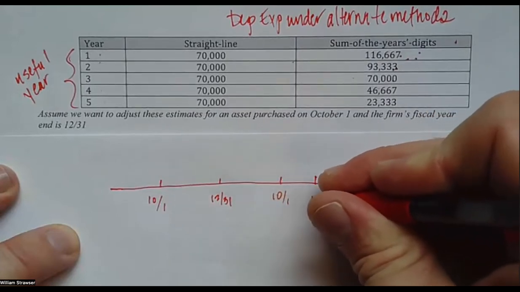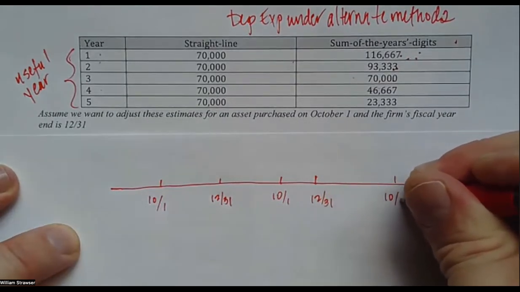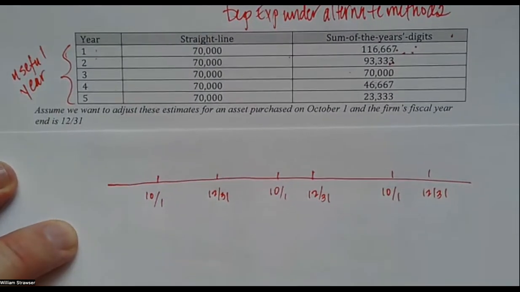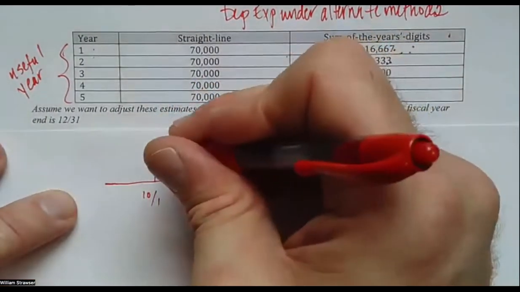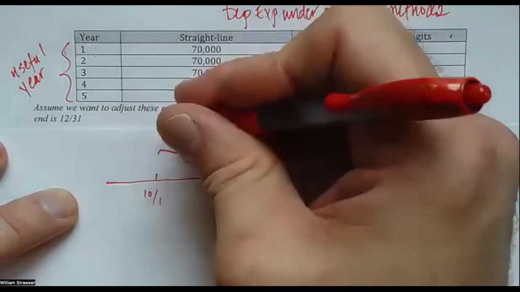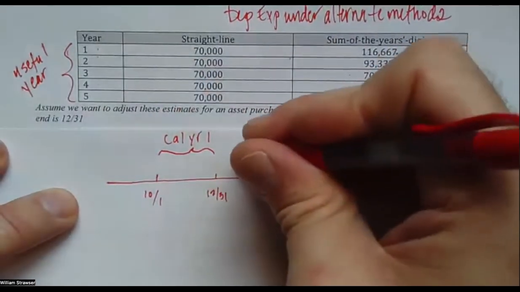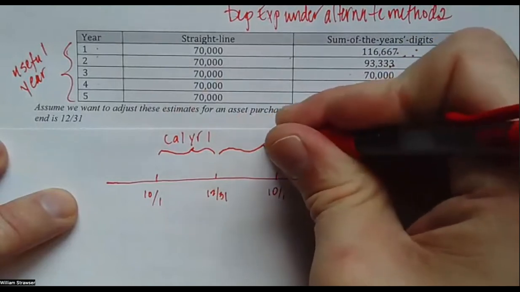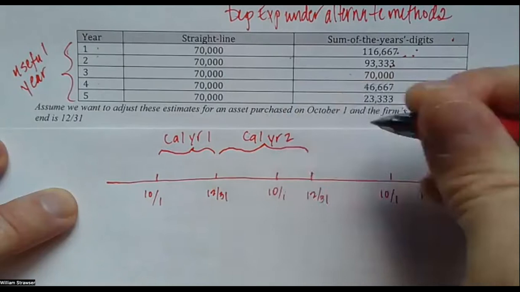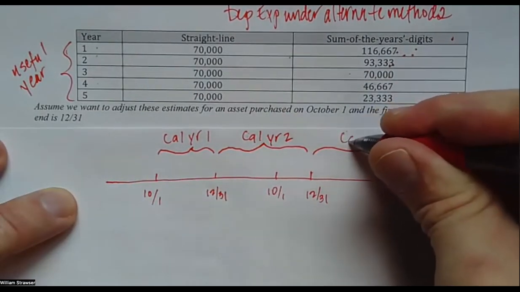Then I have another 12/31, October 1st, and a 12/31. So this would correspond to calendar year 1. This corresponds to calendar year 2. And this corresponds to calendar year 3.